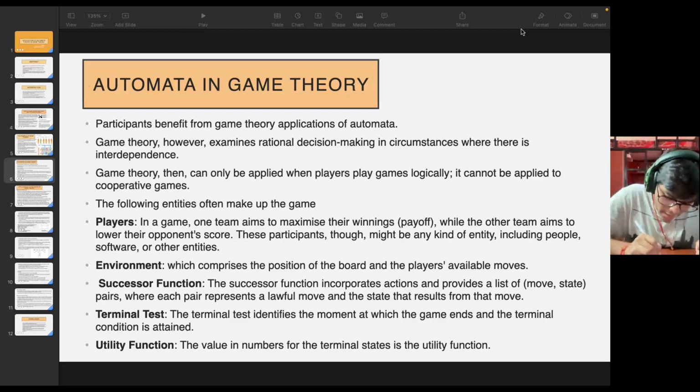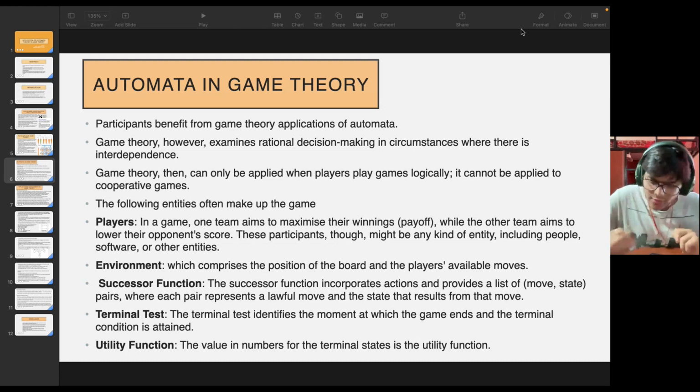Some important points: players, environment, then we have successor function, and then we have utility function, and then we have terminal test.